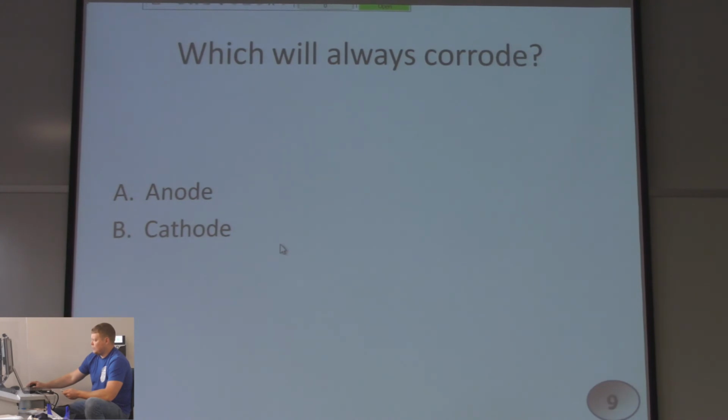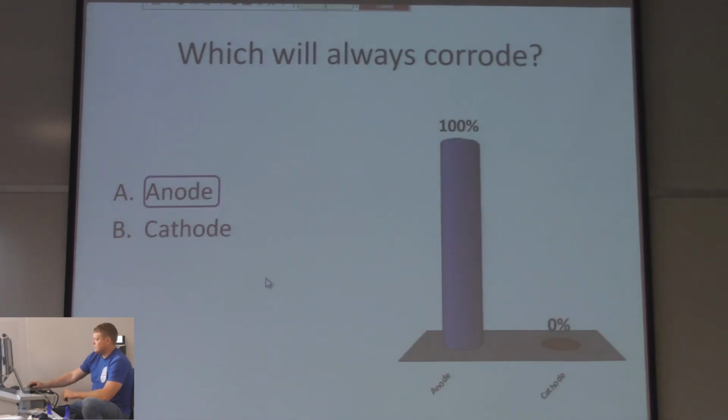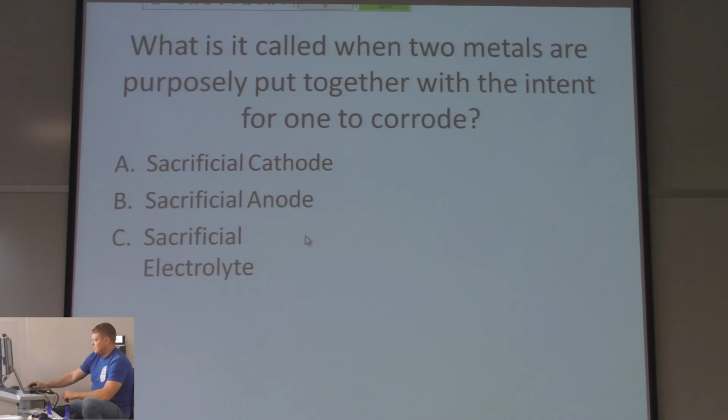Which will always corrode, the anode or the cathode? I know the answer. The anode will always corrode. 100% of you are 100% correct. What is it called when two metals are purposely put together with the intent for one to corrode?